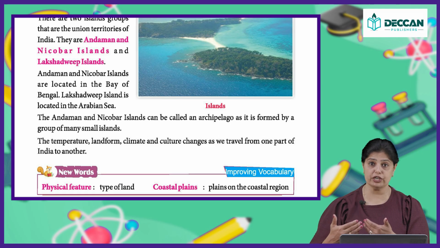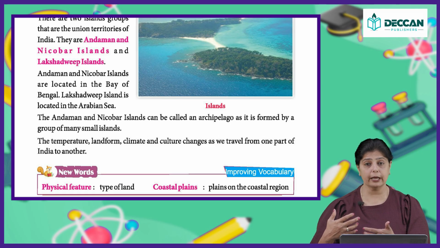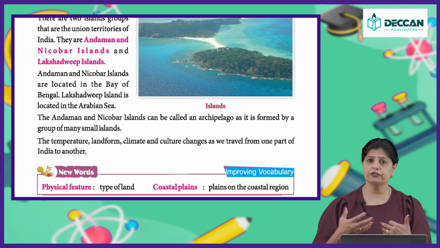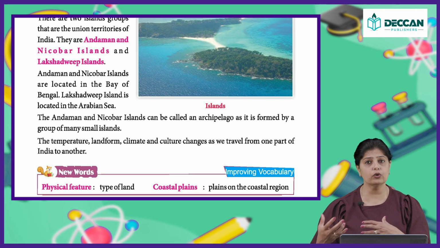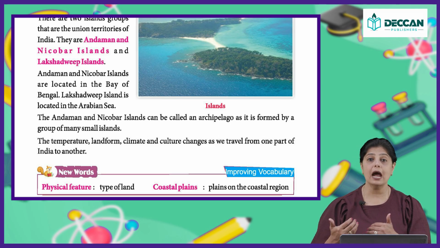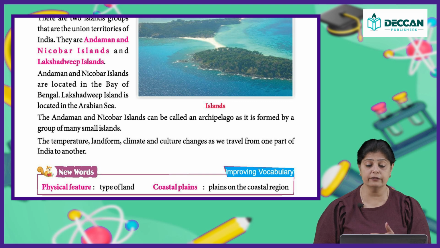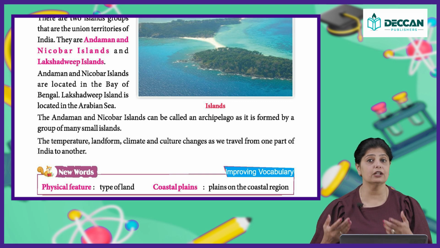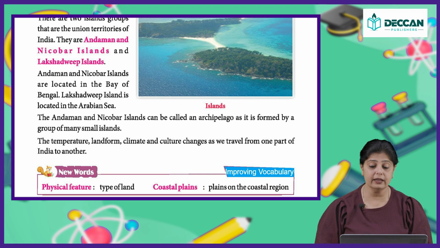The culture keeps changing, and the type of food they eat, the traditions they follow and the clothes they wear, everything changes as you keep moving from state to state, depending on the weather conditions, the landform, the climate of that place, and also the culture that they follow. Okay, and that is the reason why we say that we are a country which is very diverse yet very united.